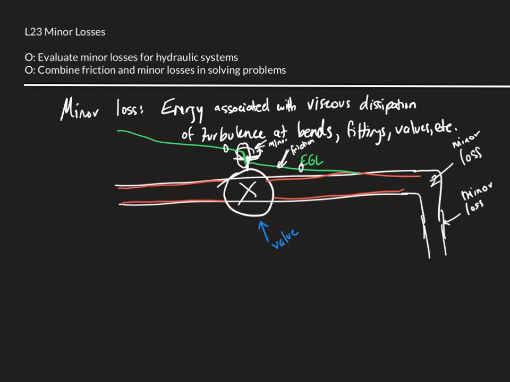Mathematically, what we get is HL, so that's the head loss, equals HF plus lowercase h l. Now again, this is just the nomenclature of your book. Other books are going to use something else. But this is the minor loss, okay? So this guy is the minor loss. And really, and I mentioned this briefly in last class, for the system or your control volume, you can put a little summation sign there.